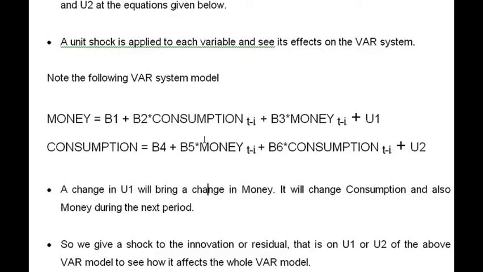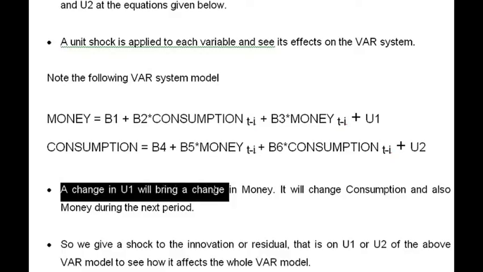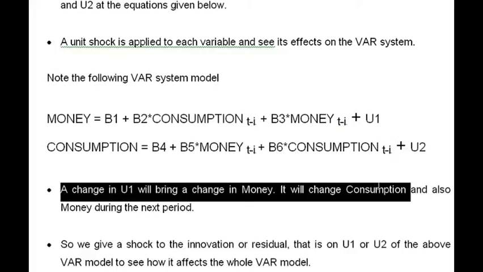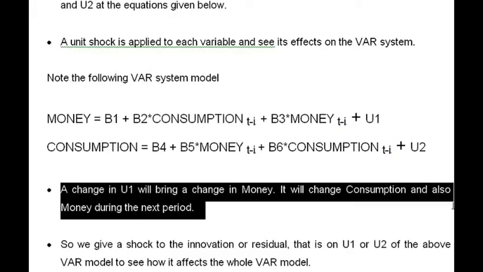So what is happening here? A change in u1 will bring a change in money, and it will change consumption and also money during the next period. What does it mean?